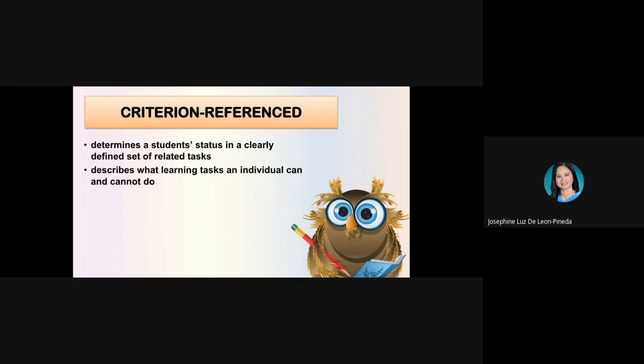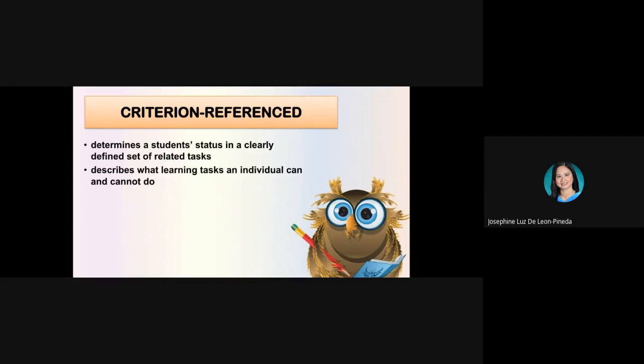So in the criterion reference test, for example, it compares a person's knowledge or skills against a predetermined standard, learning goal, performance level, or other criterion. So with this criterion reference test, each person's performance is compared directly to the standard without considering how other students perform on the test.